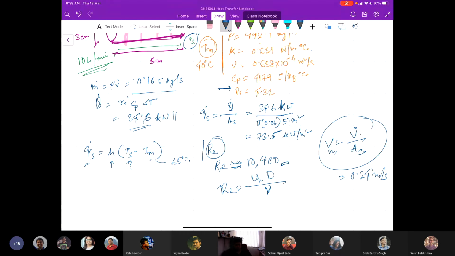Which is in the turbulent region, because we know the critical Reynolds number for a pipe flow is around 2100. After that there is a transition period, and then we have turbulent when it is more than 10,000, which is kind of a fully turbulent value.